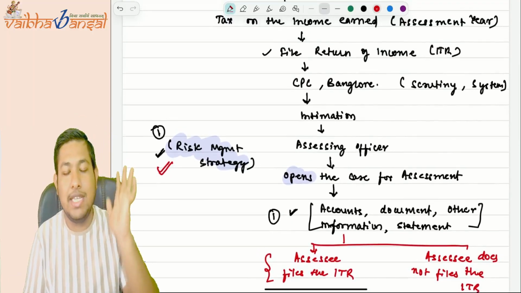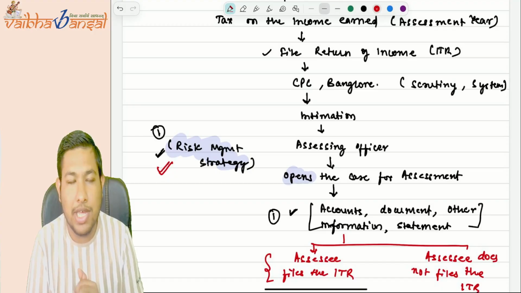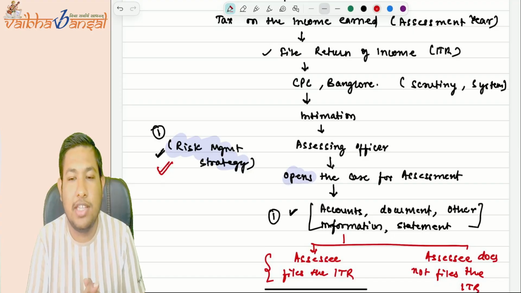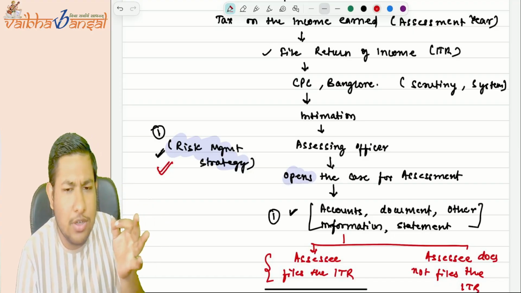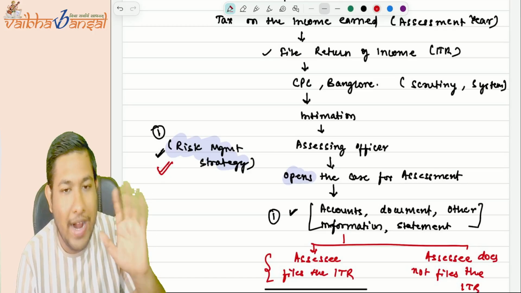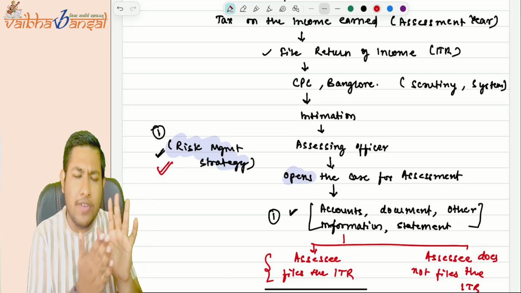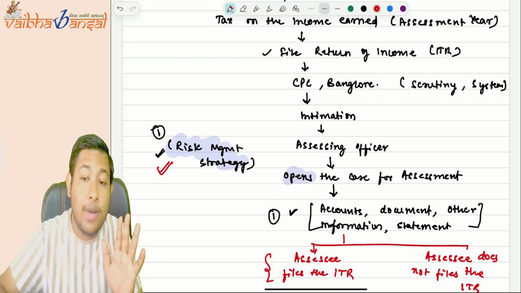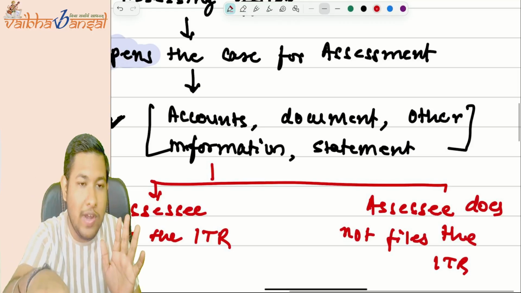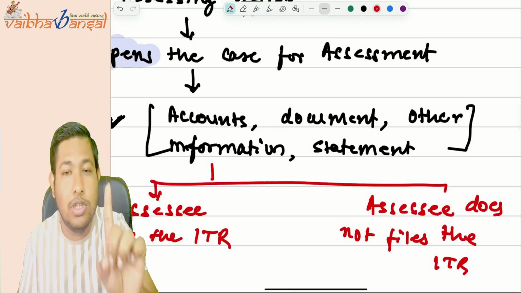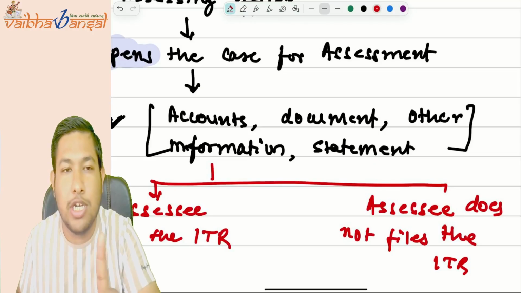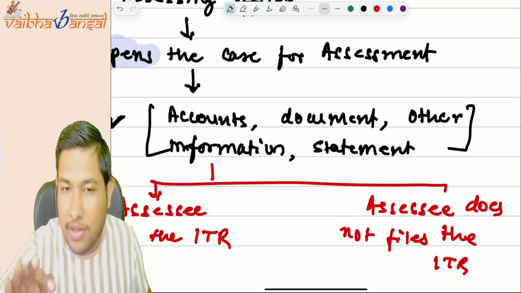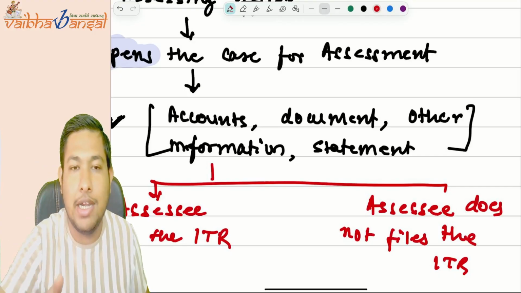The first thing we are going to see is that the assessing officer should ask for the account, document, or other information or statement from the assessee who filed the return of income. If he filed the return of income, well and good, he can directly ask for it. But if someone does not file the return of income, the first and primary responsibility of the assessing officer is that he must ask the assessee to file the return of income first.